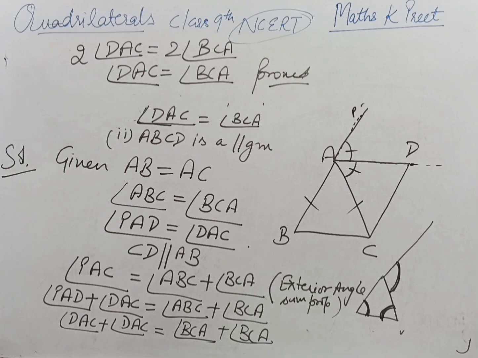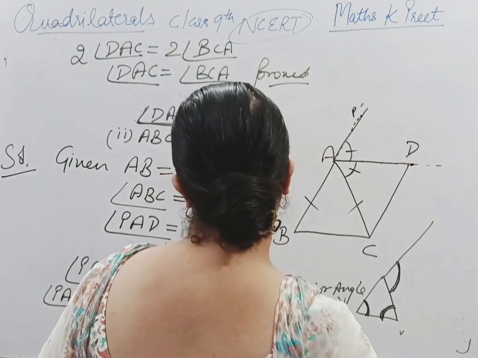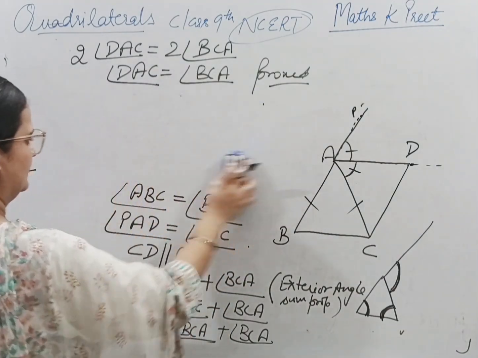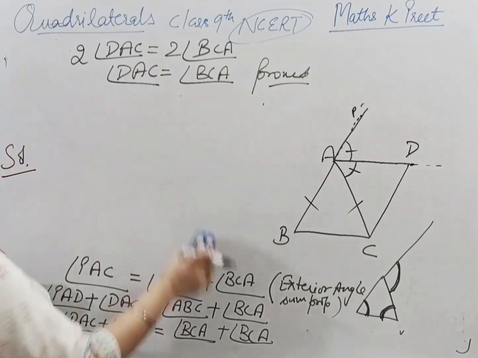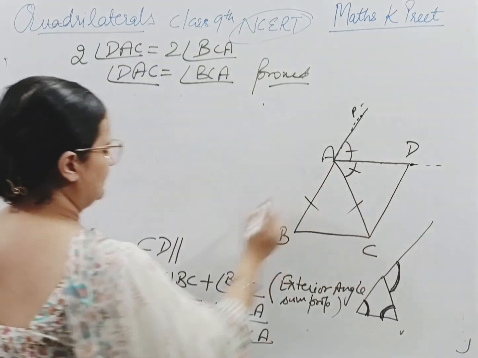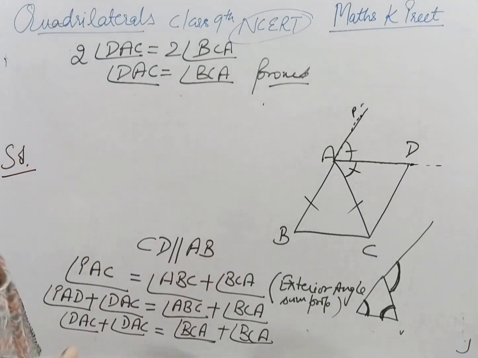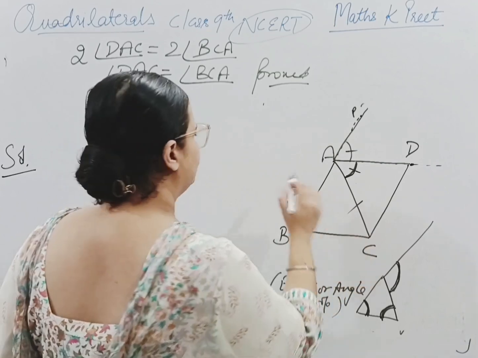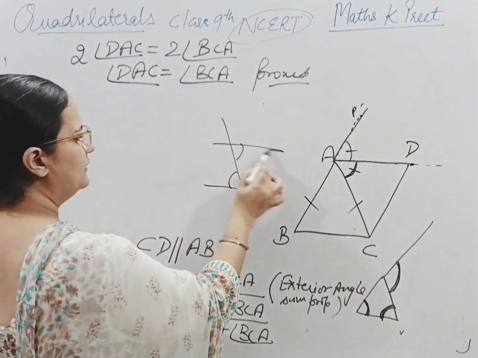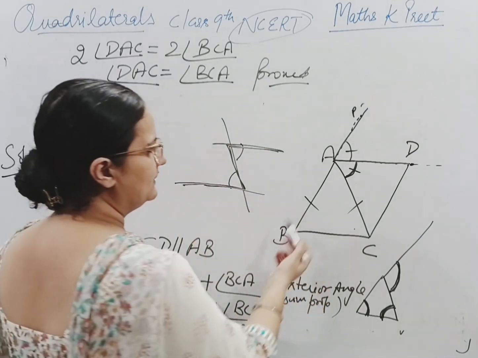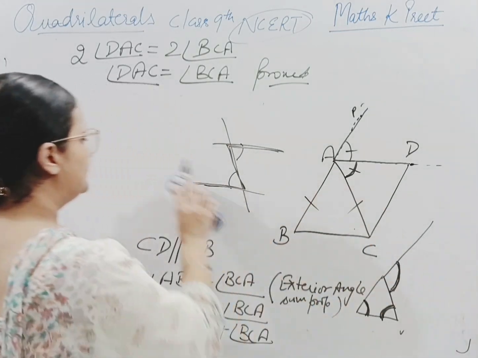So let's see the next part where we have to show that ABCD is a parallelogram. Let me erase this. It was given in the question that CD is parallel to AB. Now we have shown that this angle is equal to this angle, a pair of alternate interior angles is equal, which will further give me that AD is parallel to BC.